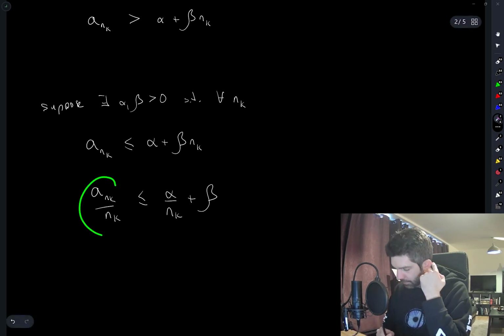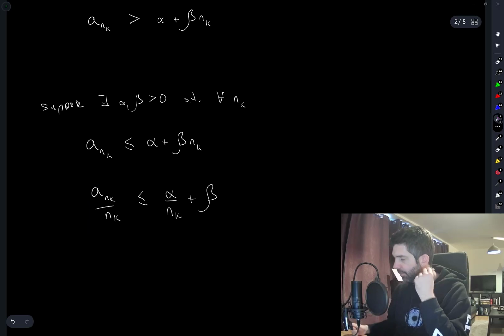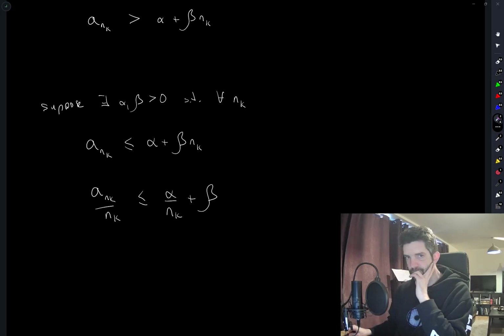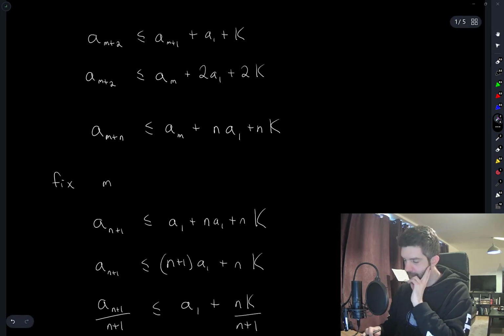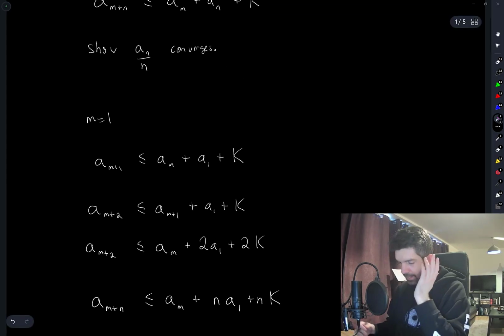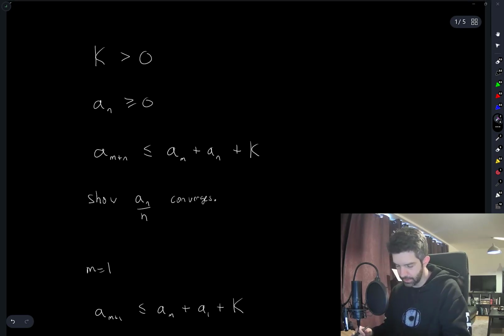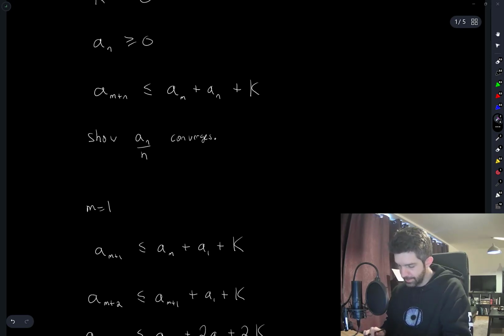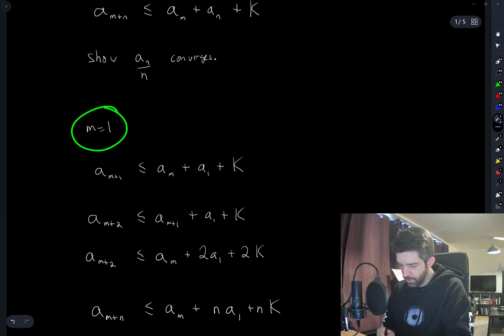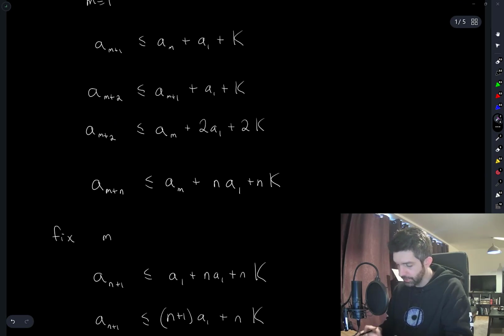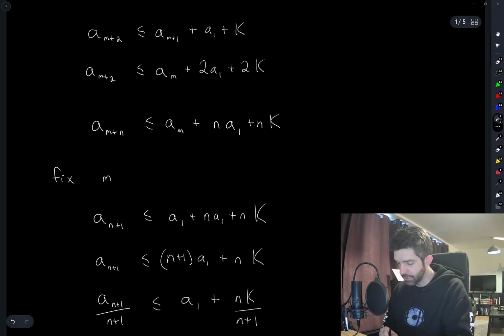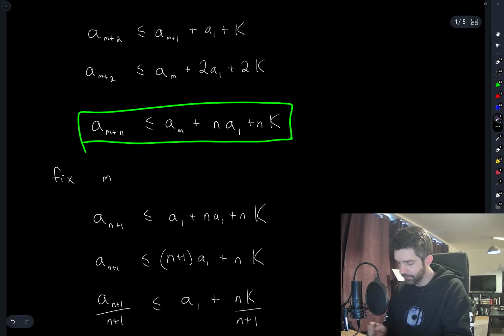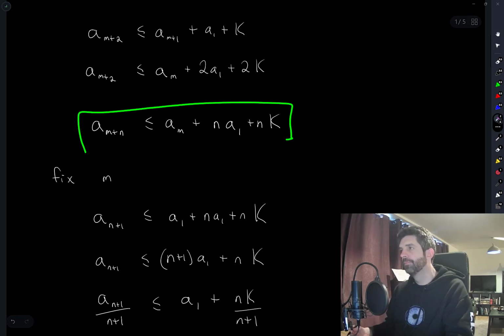But these terms could still jump around all over the place. I'm not totally sure. I don't want to spend forever on this. I feel like I'm going to run in circles. You can see some of this linear structure coming out, that the sequence has at most linear growth.